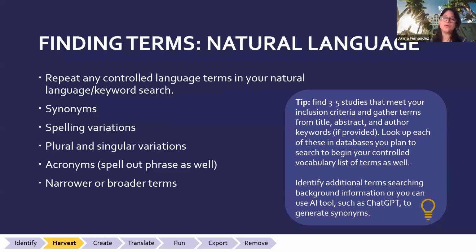Also, you can use other tools like even AI, ChatGPT, or any controlled vocabulary out there that could help you generate ideas. And you will always have to evaluate yourself as a researcher if a term is a good fit or not. So not necessarily because you have synonyms, all synonyms apply to a topic.